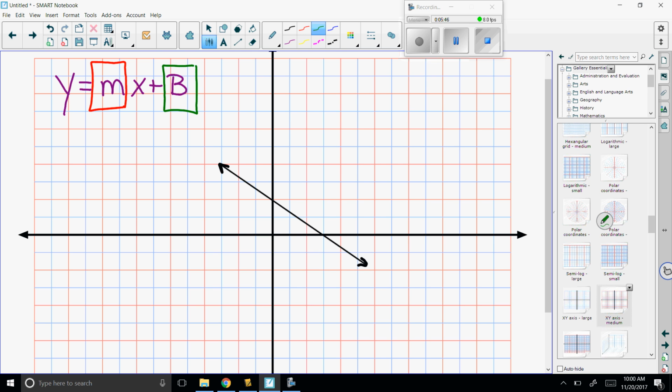Can you determine any one of those? The y-intercept. Where's the y-intercept? What's that number? 2. So far in my equation, I have y equals mx, and that b value is 2 because it crosses the y-axis at 2.